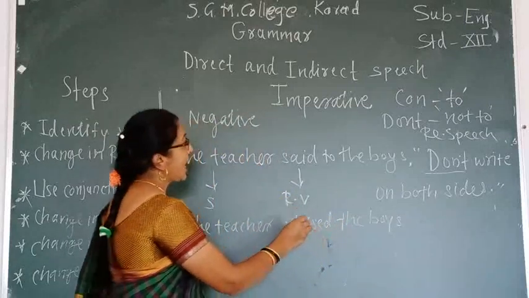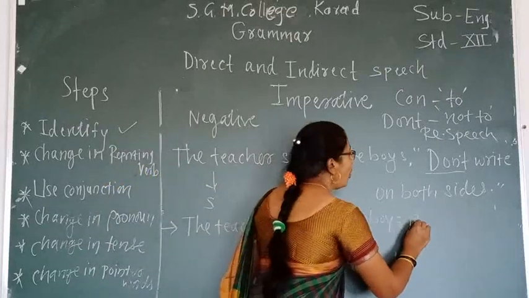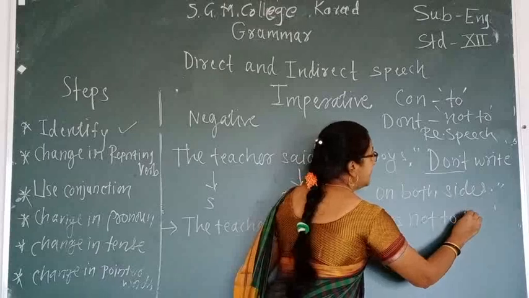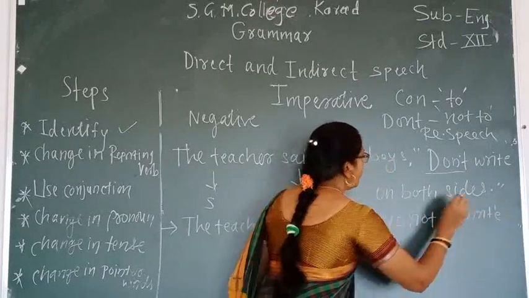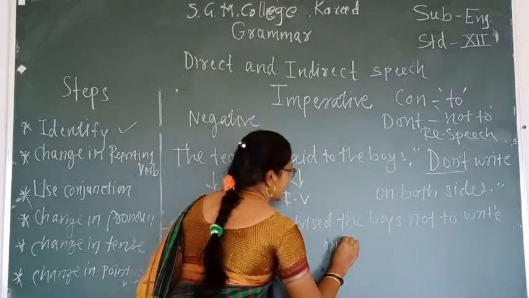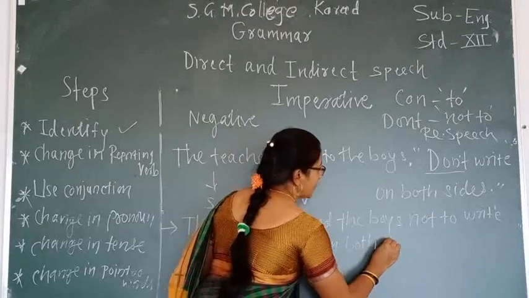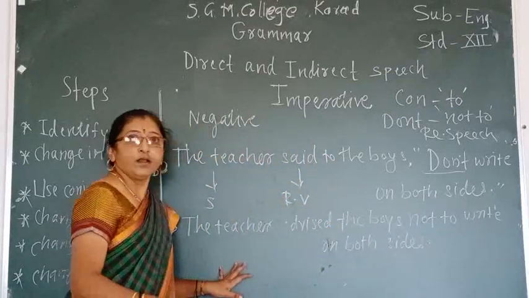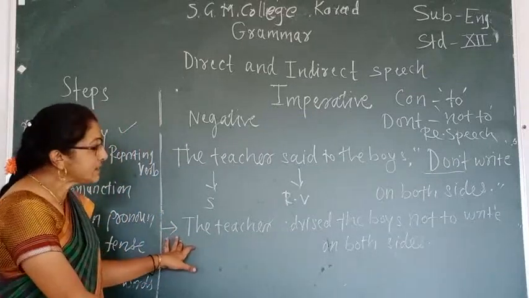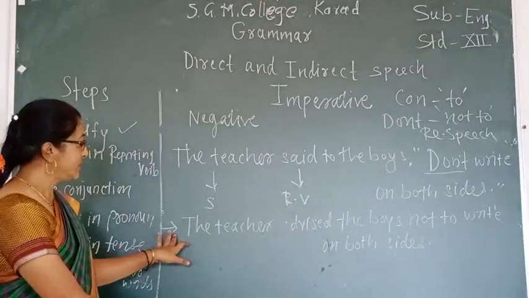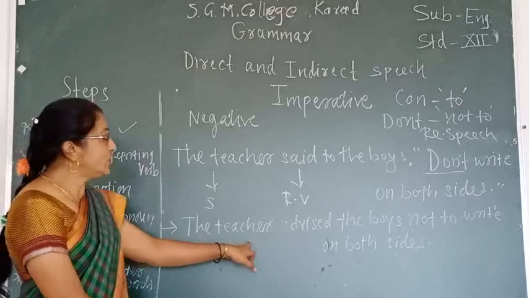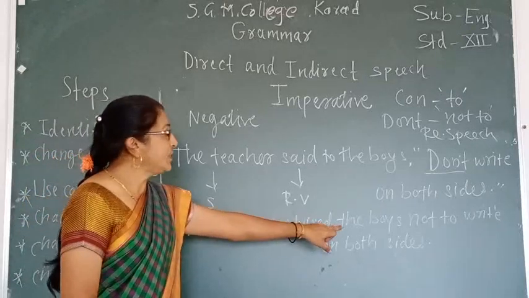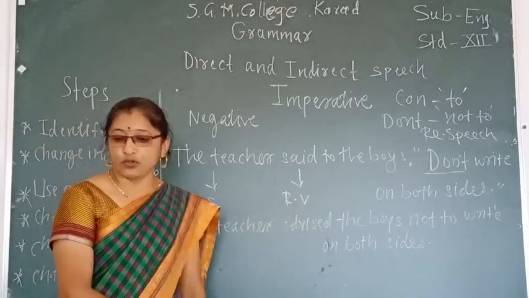The teacher advised the boys not to write on both sides. Full stop. The final sentence in indirect speech is like that: the teacher advised the boys not to write on both sides.